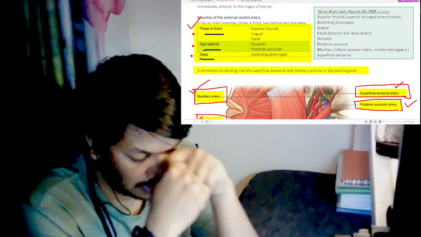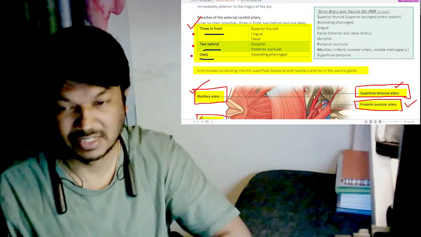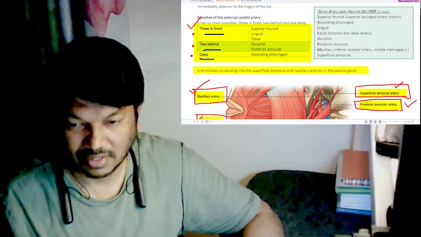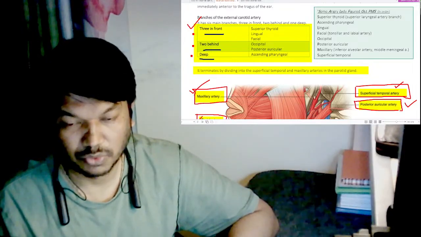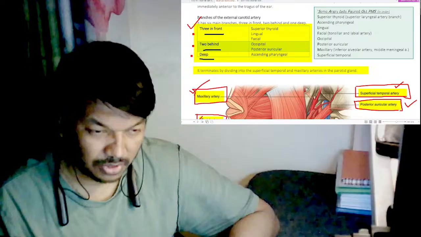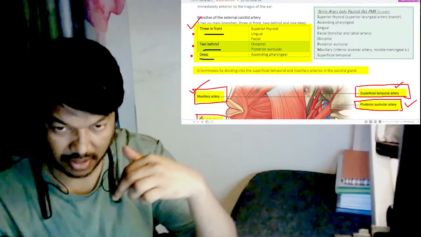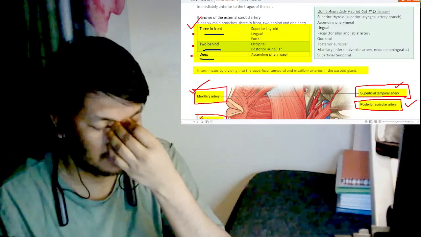Whenever you say any branch of a blood vessel, try to say its origin, I mean from which branch it is coming. So if you say superior thyroid artery, it is a branch of external carotid artery.